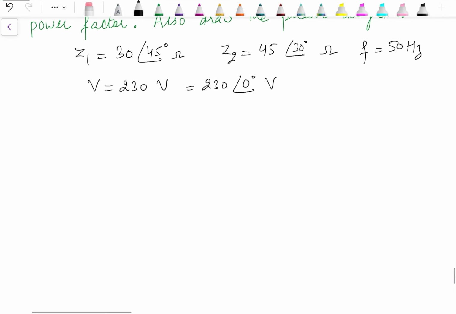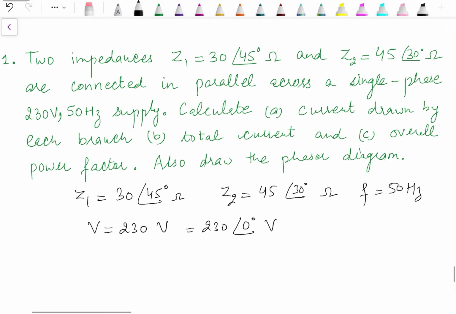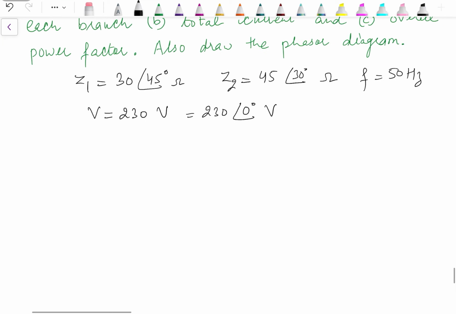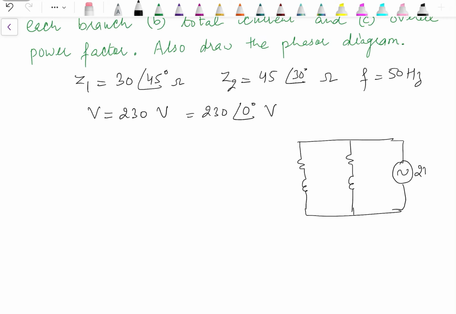We can even draw the circuit. Both the angles are plus, so it means both are RL branches. This is connected across a 230 volt source, with 30 angle 45 and 45 angle 30 degree.